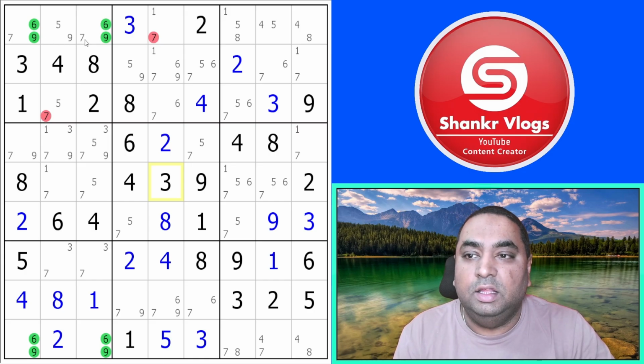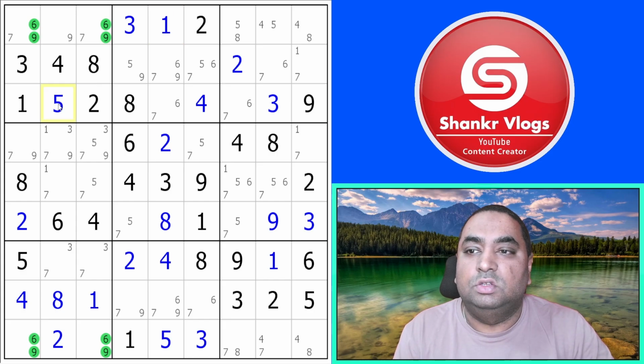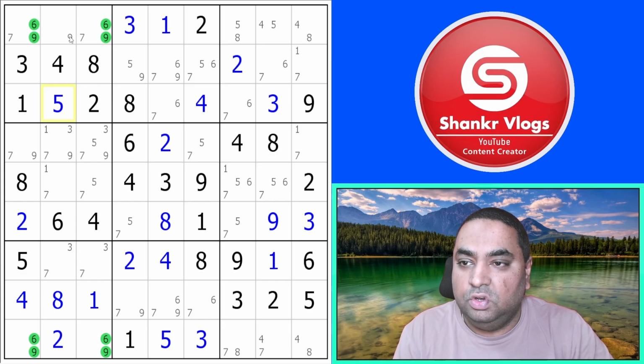But we can eliminate the candidate 7 in the house, whether it is a row, a column or a block. See, 7 is appearing in the first block, so we can remove 7 here. So it becomes 5 as a solution. In the same way, 7 is appearing in the row, so 7 can be removed from the row. See here 7 is appearing, so this 7 can be removed and this 7 can be removed. Now 1 is a solution here, 5 is a solution here, and 9 is also a solution here.